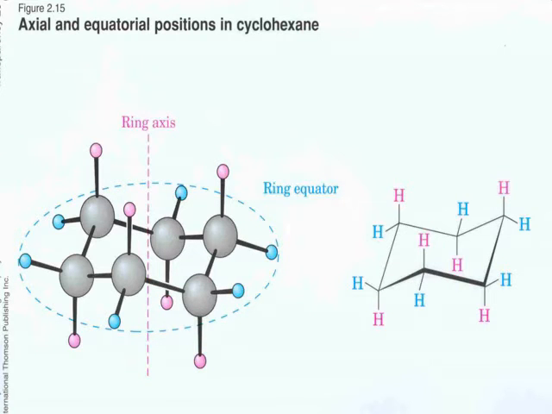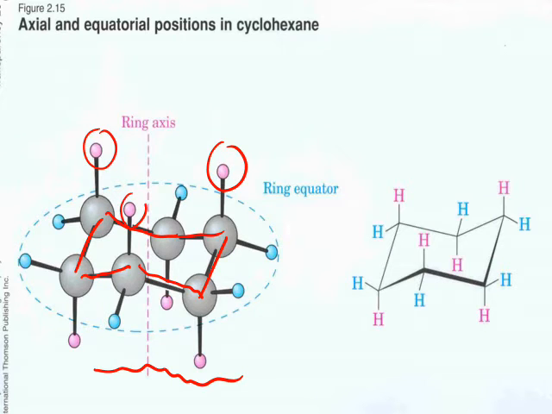If you have a molecular model, you can make something like this, which is a chair conformation. Pay attention to the fact that in chair conformation, if you just go by these carbons, these are called axial atoms.